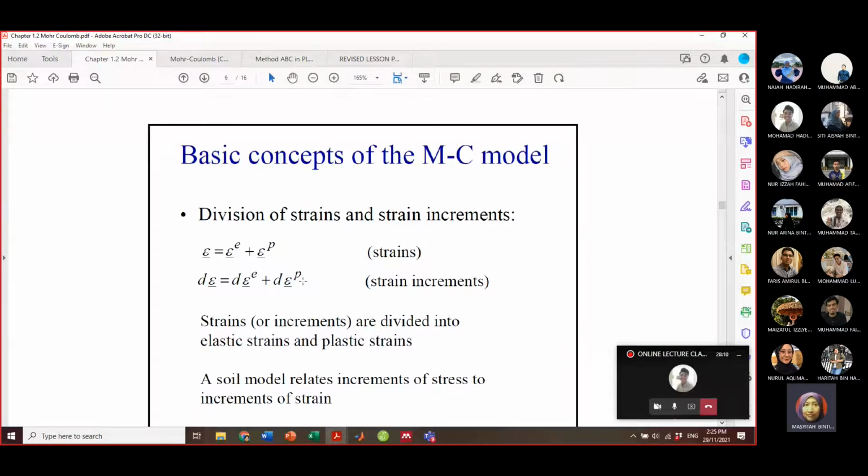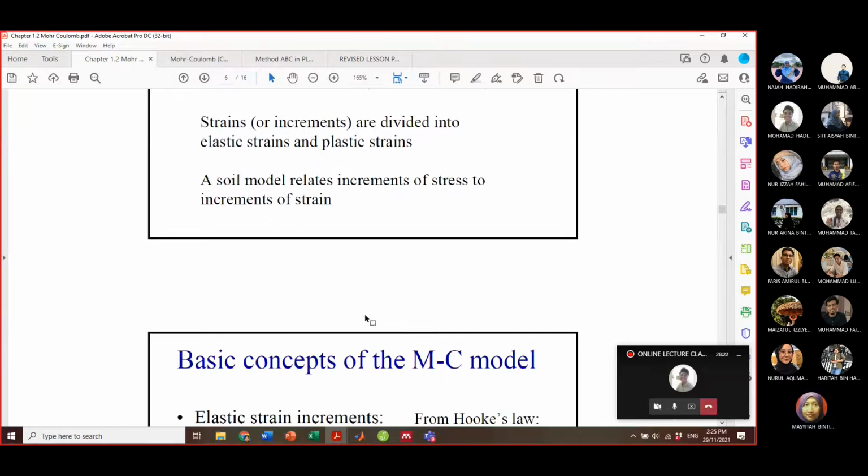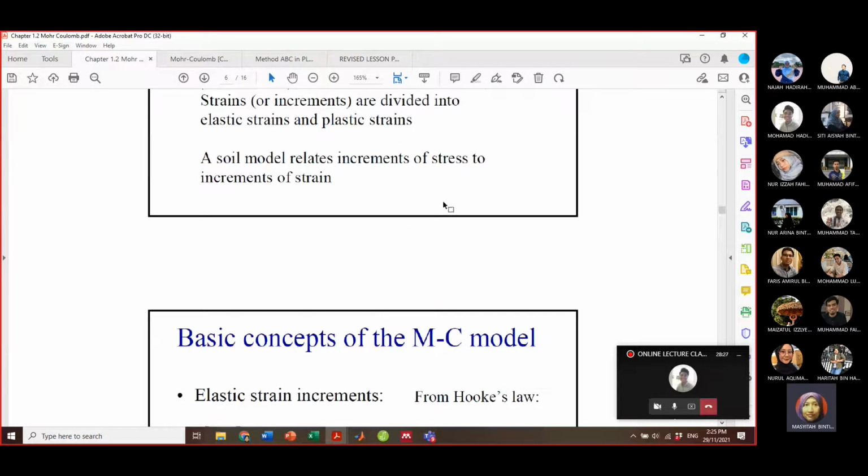So you can see the strain increment from 0, for example, to some value. The strain increments are divided into elastic strains and plastic strains. A soil model relates increments of stress to increments of strain. So why is it said so? Because it goes back to the linear elastic perfectly plastic. That's why we say it is directly proportional.